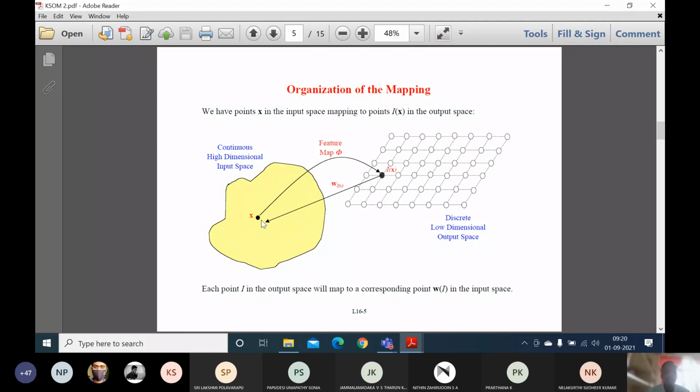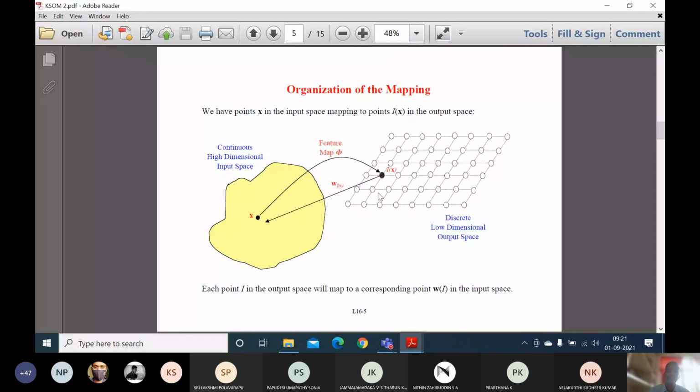Whenever I map or transform the information from this dimension to this discrete low dimension, since this information is continuous, the continuous information is segregated via a frame by frame or scene by scene concept. So from this X, it is transformed to a discrete low dimensional output space, which may be either a one-dimensional lattice or a two-dimensional lattice.